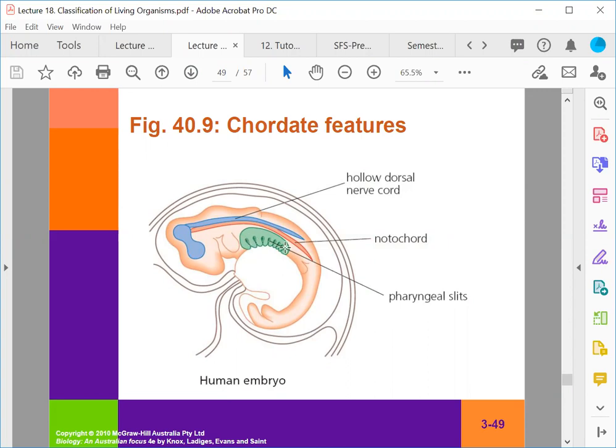In green, we can see the pharyngeal slits. In brown, we can see the notochord. So in humans, that is replaced. That doesn't persist, but in some of the chordates, it persists. And then we have the dorsal nerve cord in blue, and it's expanding here to form a brain.